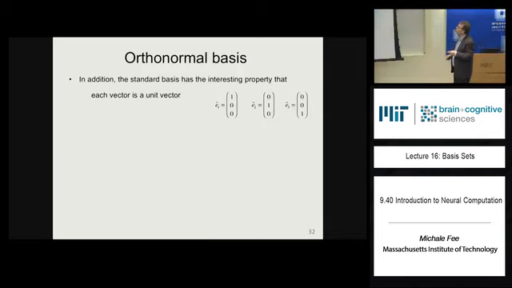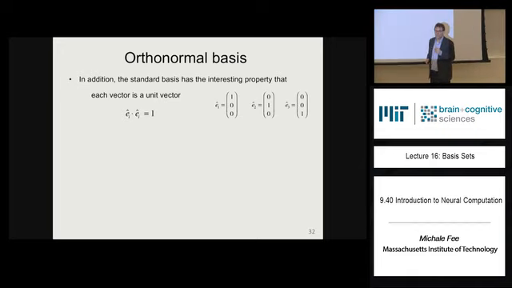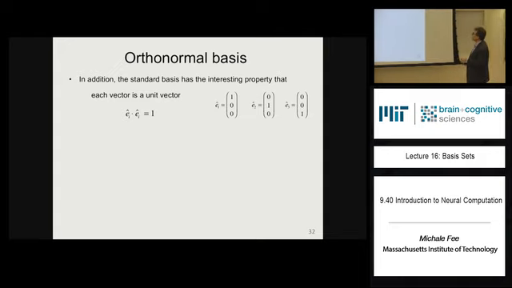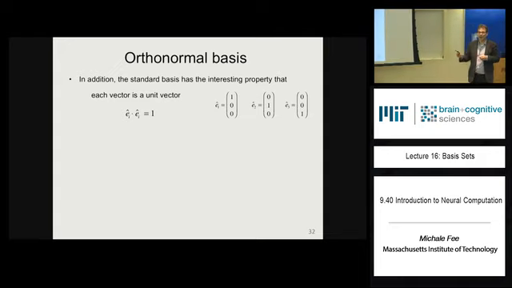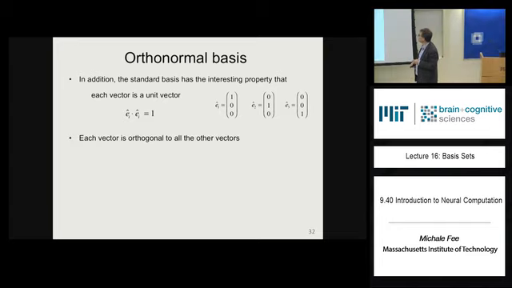Okay, the standard basis has the property that any one of those vectors dotted into itself is 1. That's because they're unit vectors. They have length 1. So e_i dot e_i is the length squared of the ith vector. And if the length is 1, then the length squared is 1.